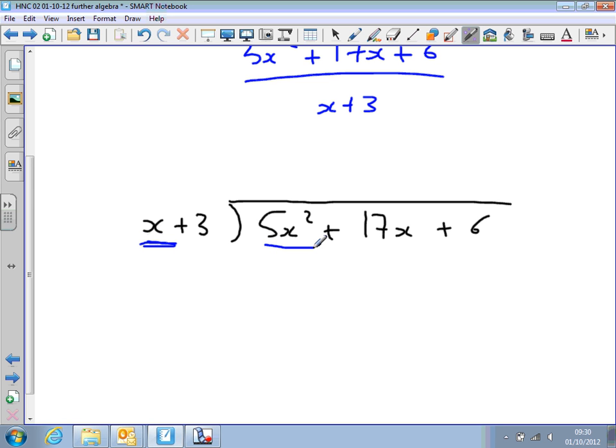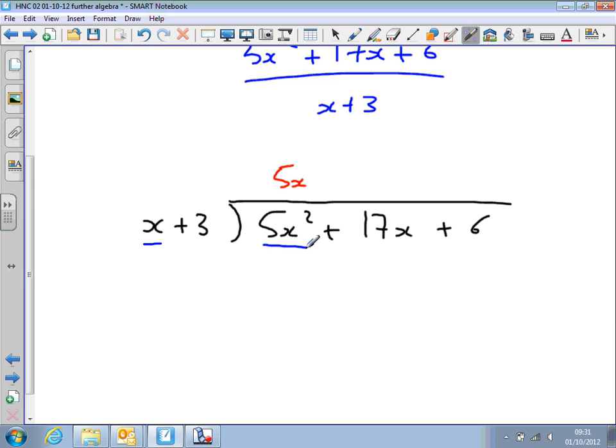And that is 5x, times x, I get 5x squared. So 5x goes on the top. Why is it 5x on the top? Because that's what I've got to times the x by to get 5x squared. And that's the key thing, and that's what we use all the way through.